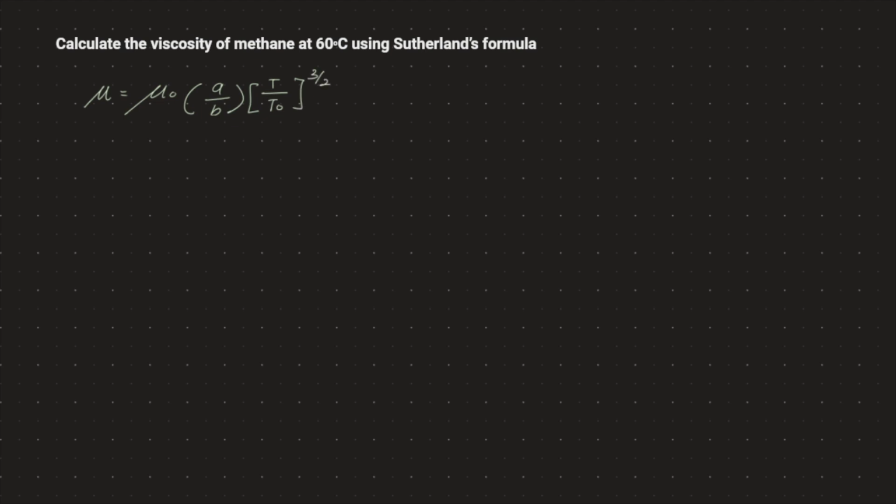So let's see what information is given in the question. You were asked to find the viscosity of methane and the temperature is 60 degrees Celsius.